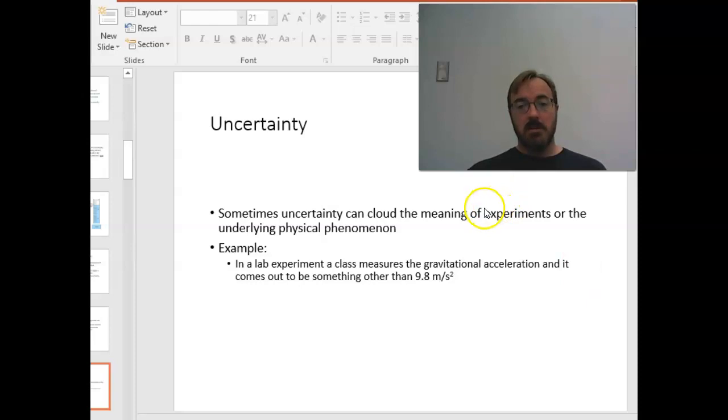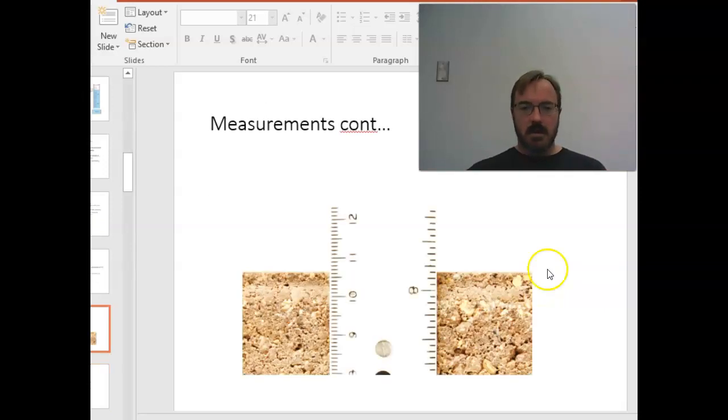You can think that would be a bad thing for intro chem students to be utterly confused about the meaning of an experiment because the uncertainty takes away the trend or whatever it is. But also, sometimes it can cloud the underlying physical phenomenon. So sometimes we have to come up with better instruments to measure things so that we can actually understand the underlying physical phenomenon. And I'm not going to go through this example here. I'm going to move on.